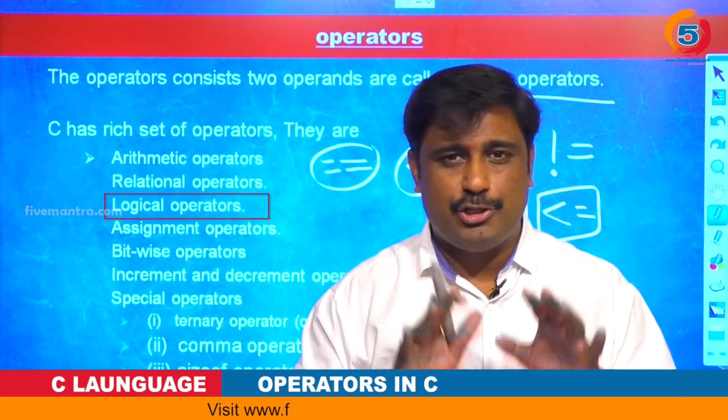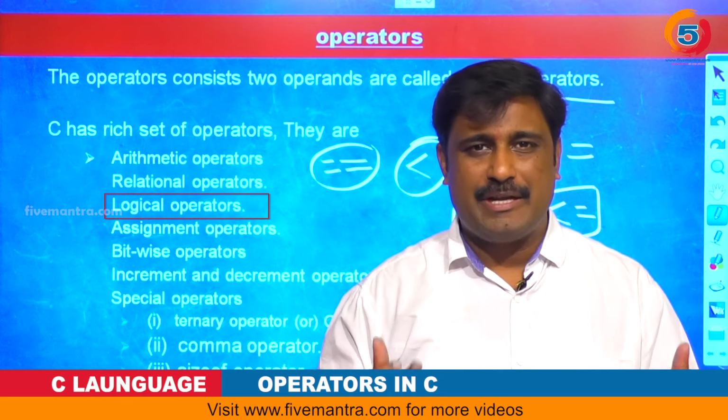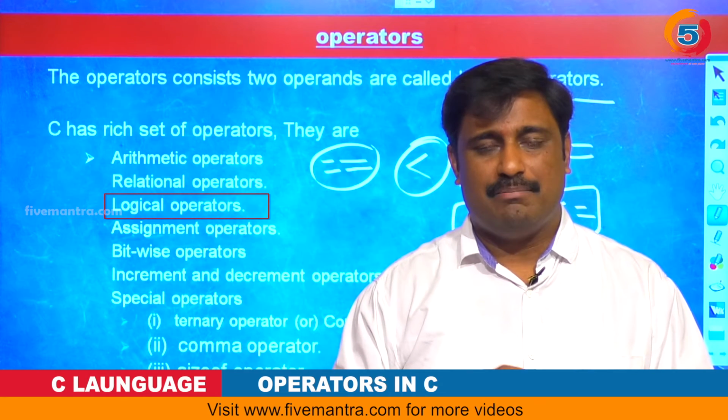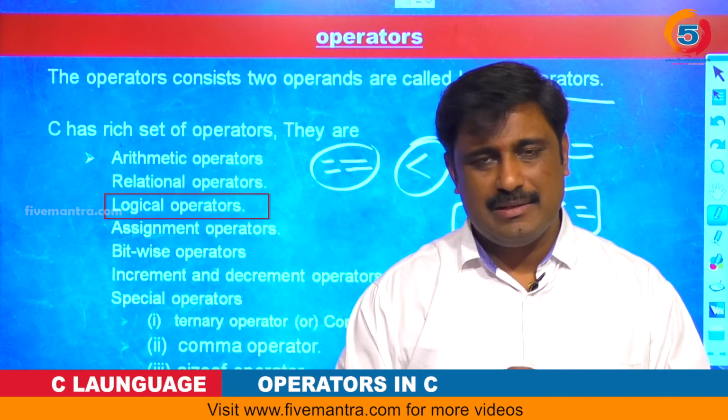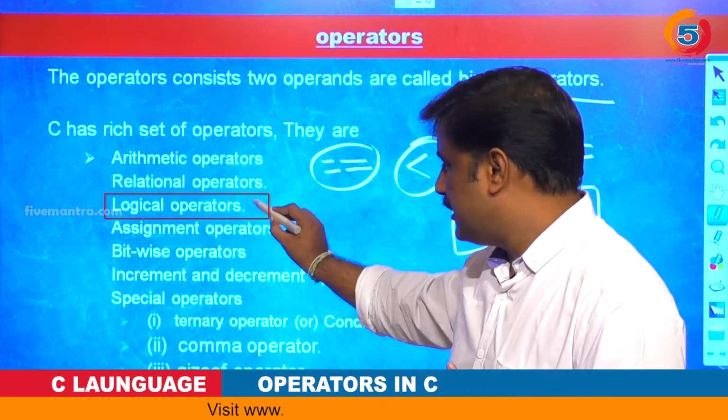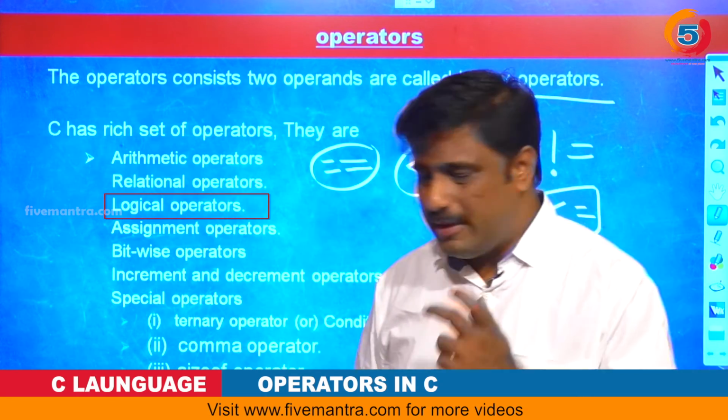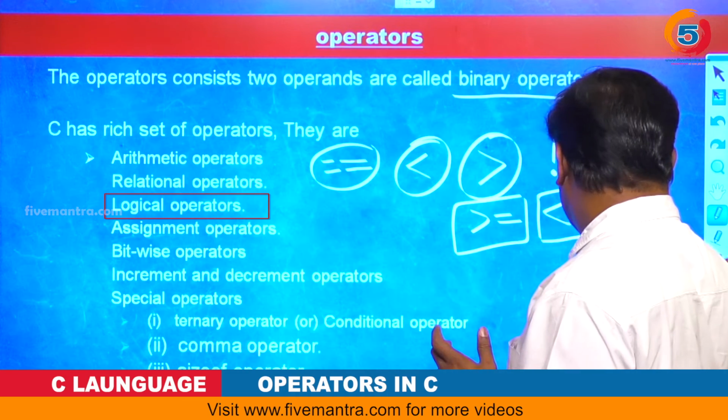Now, the third one is the logical operators. Whenever I am comparing two or more relational operators, getting the outcome of two relational operator outcomes is done with the help of logical operators. Basically, this is implemented with special symbols.